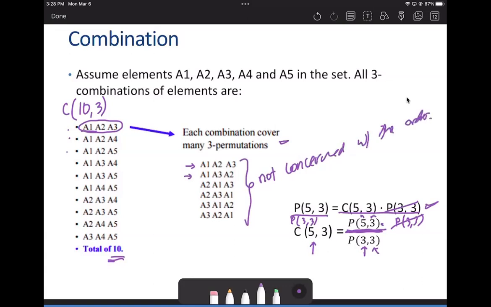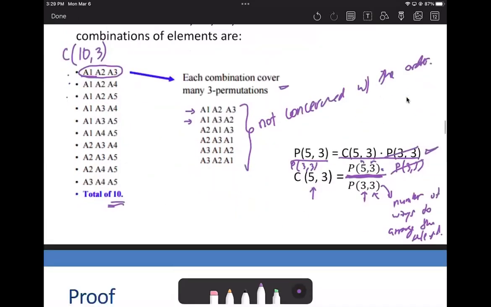Okay, so we are dividing it with the number of ways on how we can arrange the selected. Okay, so since we are not concerned about that.